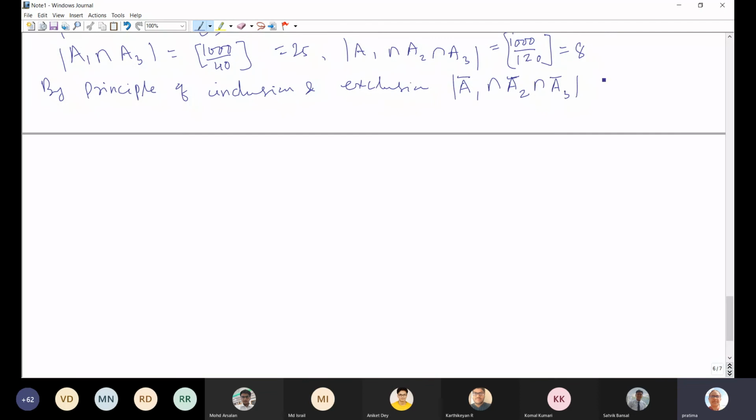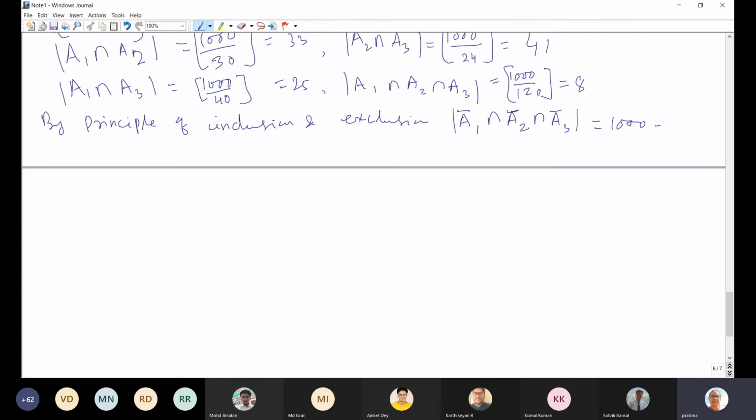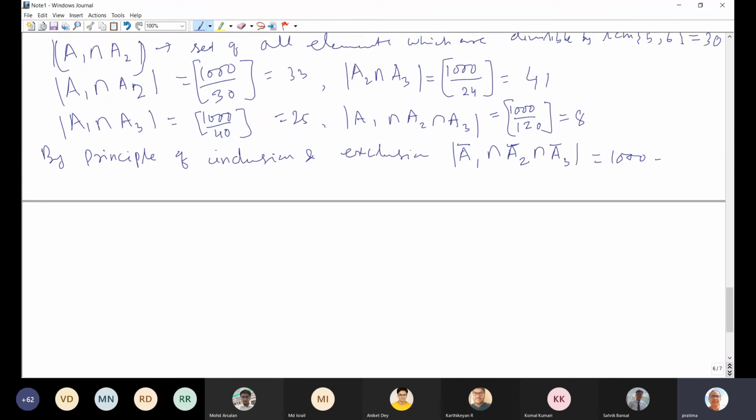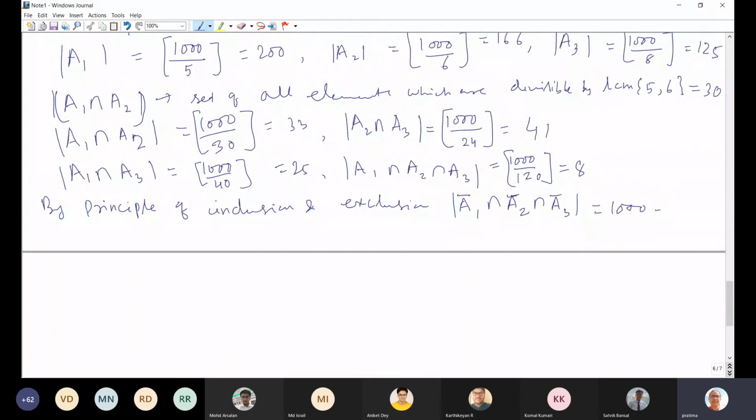First you have the total number of elements, cardinality of S, 1000, minus the singletons: 200 plus 100 plus 125. Then we'll take this sum.